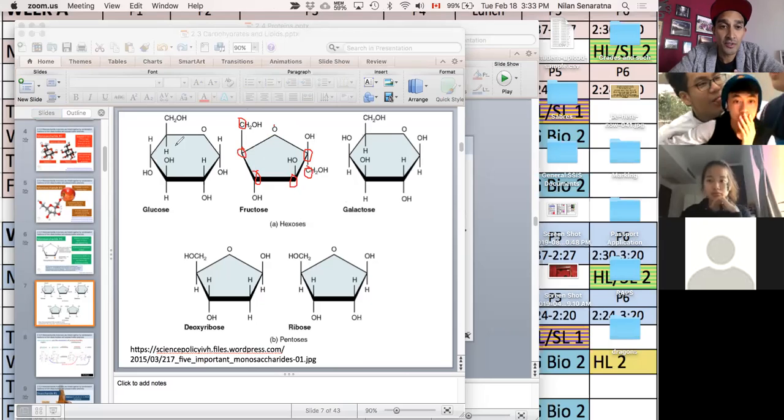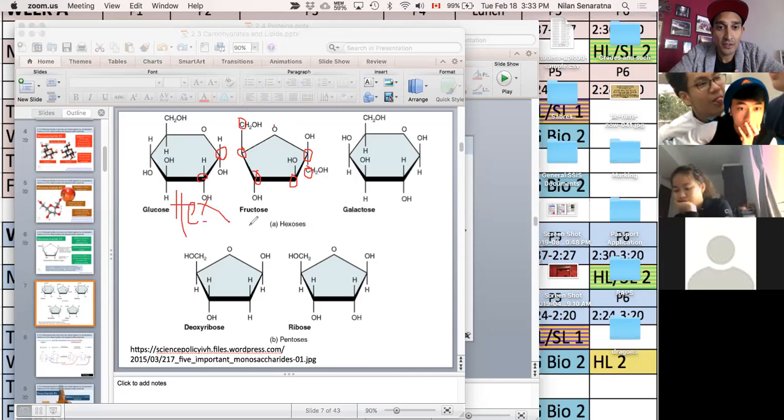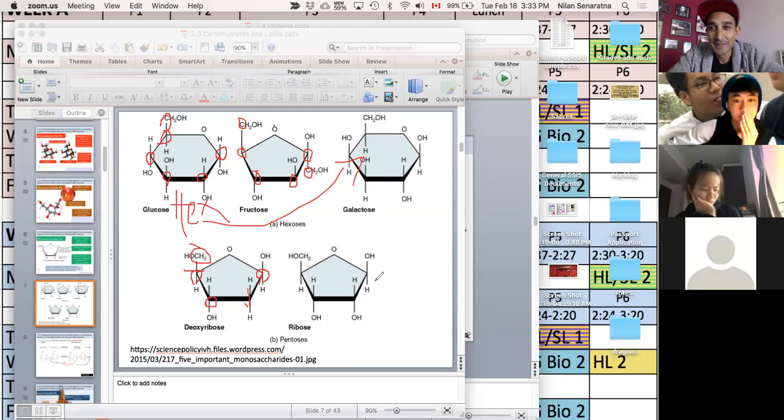That means this is also hexose, and this is also hexose. These are pentose because they have 1, 2, 3, 4, 5, five carbons.